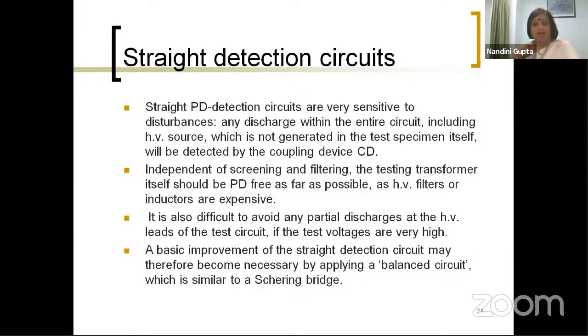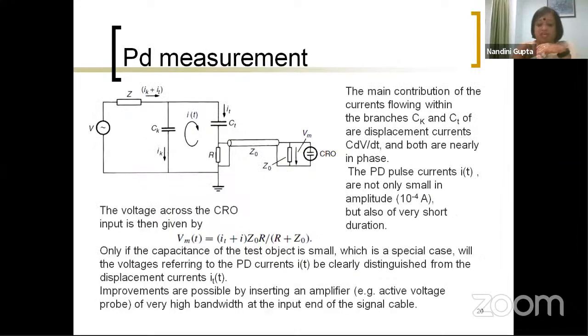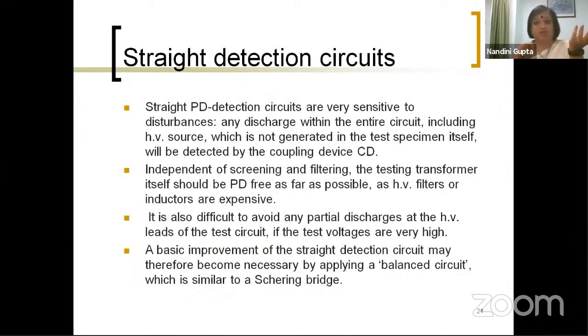measurable quantities. And also remember, whenever we switch on the PD detector, even in lab environments, very often we see a lot of PD pulses straight away. The moment we start applying voltage, we start seeing a lot of PD pulses.